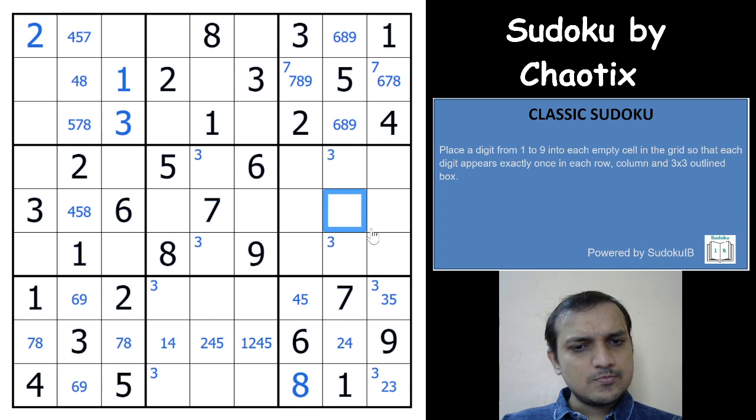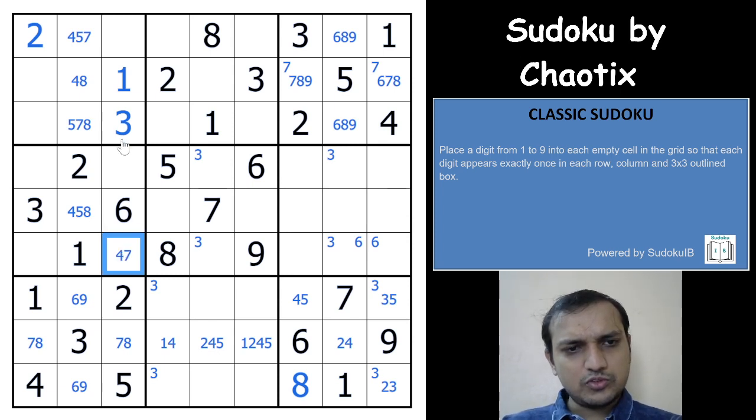Hmm. 6 is in one of these 2 cells. 8 9, this is 4 7. 4, 7 and 9. 4, 7, 8 and 9.